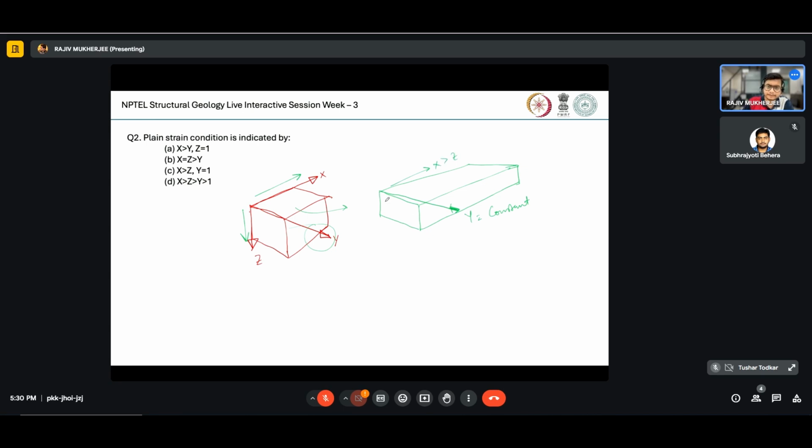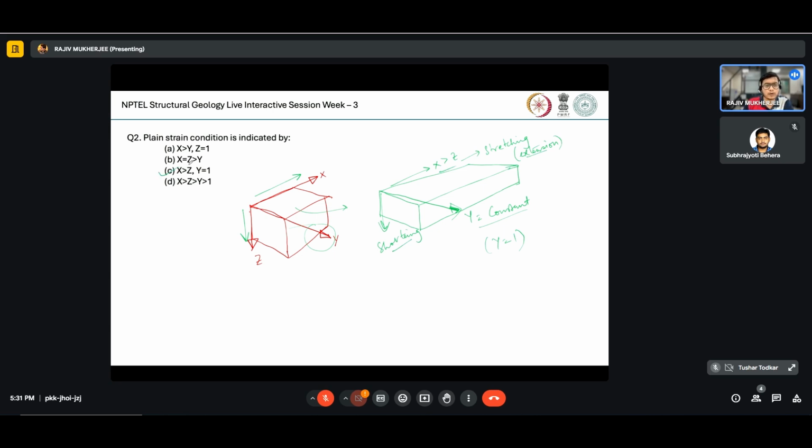So along this direction, shortening, and along x direction will be stretching or extension, and there will be virtually no change along the y direction. So y will eventually remain 1, and since extension is greater than shortening, therefore x will be greater than z, and that would indicate that x greater than z, y is equal to 1 is the right answer.